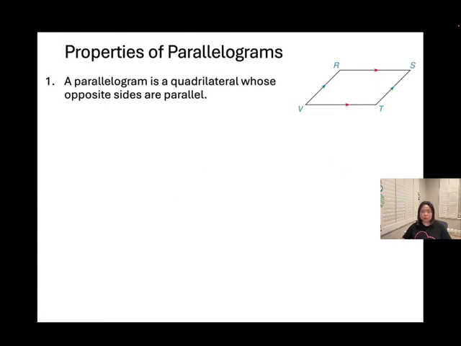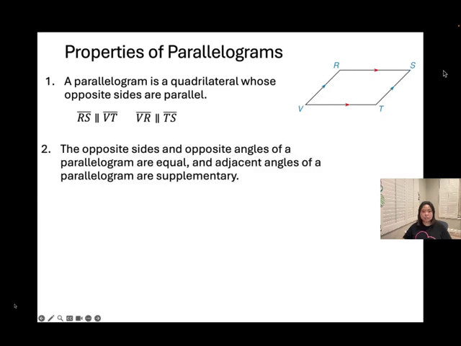Properties of a parallelogram. A parallelogram is a quadrilateral whose opposite sides are parallel. So you can see RS will be parallel to VT, and VR will be parallel to TS. Second, opposite sides and opposite angles of a parallelogram are equal.